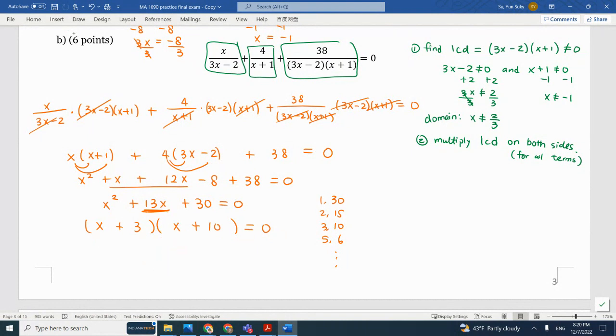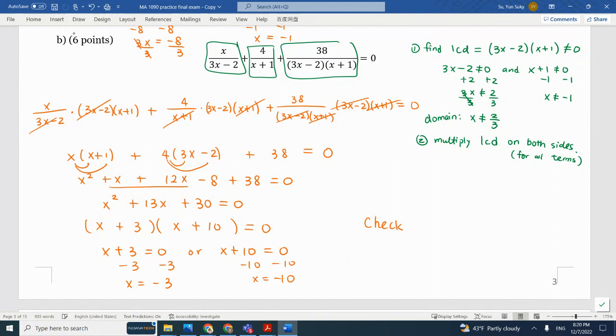So we set each factor equal to 0. So x plus 3 is 0, or x plus 10 is 0. Solve for x. Subtract 3 on both sides, we get x is negative 3, or subtract 10 on both sides, we get x equals negative 10.